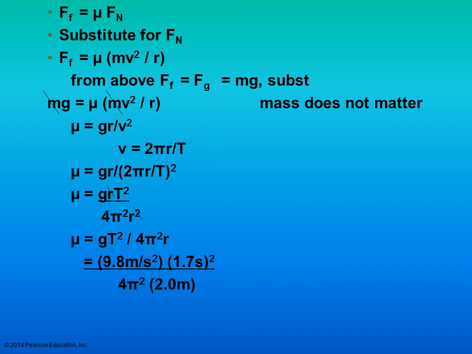I'm going to cancel the meters and the seconds, so there are no units, because the coefficient of friction does not have a unit. So mu, by taking 9.8 times 1.7 squared divided by 4 pi squared times 2, is 0.36. So the coefficient of friction to hold the body on there is mu, with no units, 0.36.